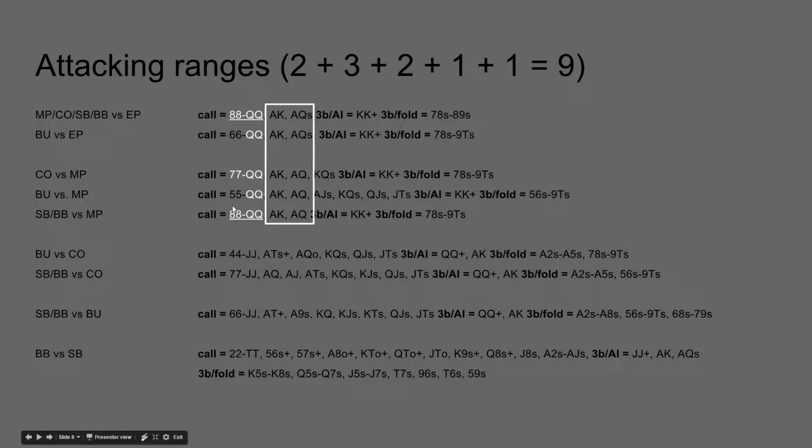Now, this is another thing we will know from now on: ace king and ace queen are in the calling range in the first 5 ranges. It's easier to remember not by saying the first 5 ranges, but versus EP and versus MP, right? Ace king and ace queen are in the calling range.